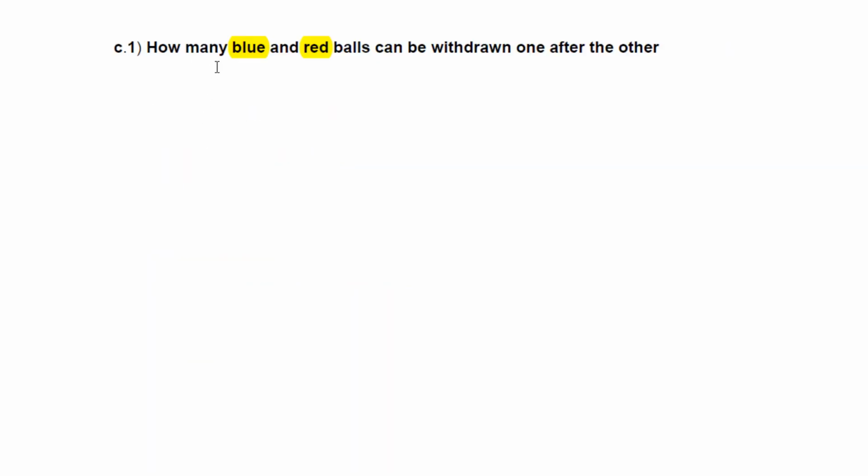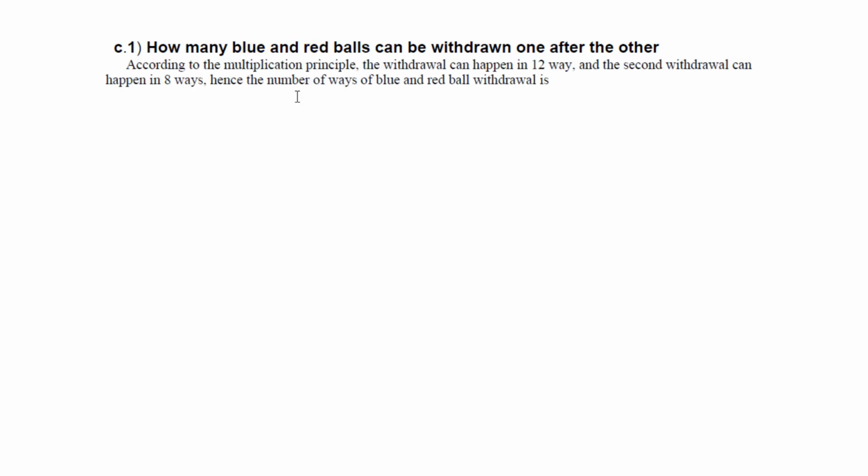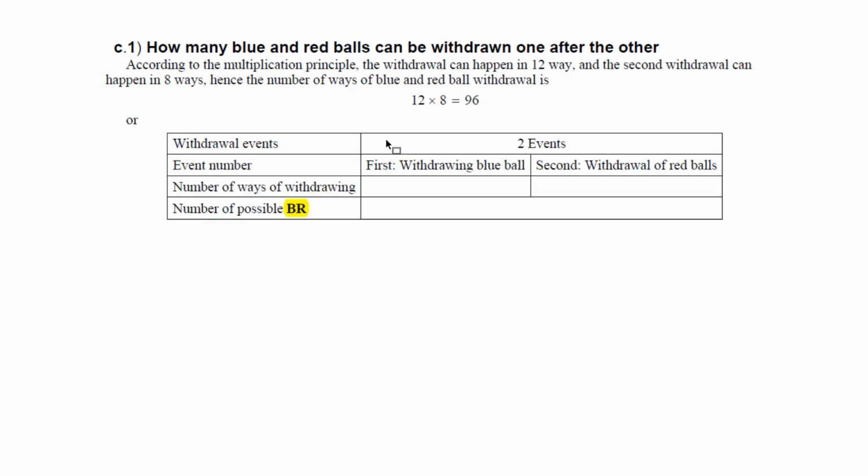Now the question is, how many blue and red objects can be withdrawn one after the other? So the blue can be withdrawn in 12 ways and the red can be withdrawn in 8 ways. So using the multiplication principle, we can just multiply them together and get 96 ways of withdrawing blue and red.